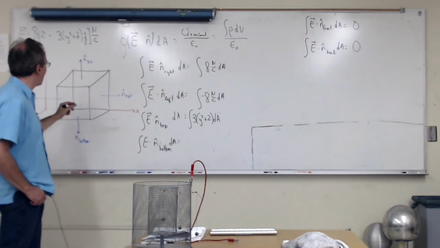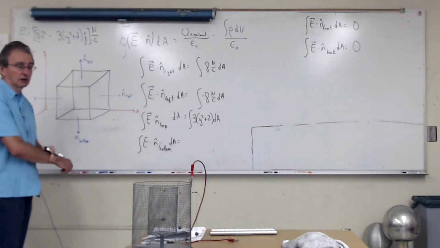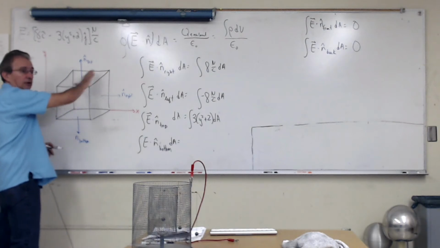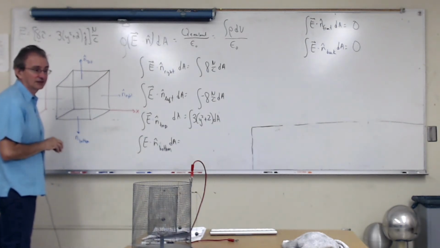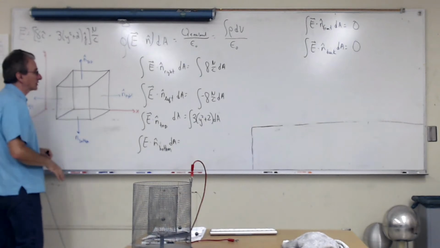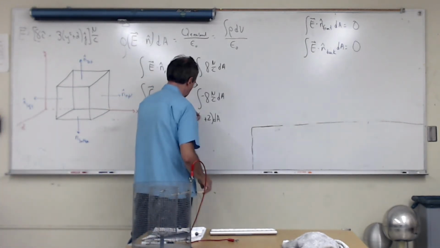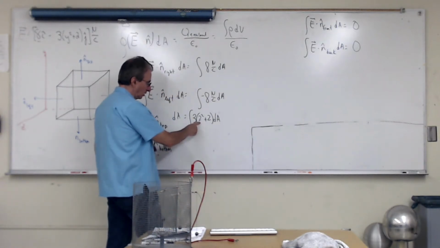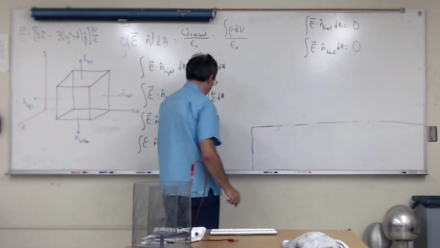But what's y across this surface? What's y at the top? Isn't it constant? The answer is yes. At the top surface, y is equal to 2. So this is really a 2. It's the same value. 2 squared is 4. 4 plus 2 is 6. 6 times 3 is 18.